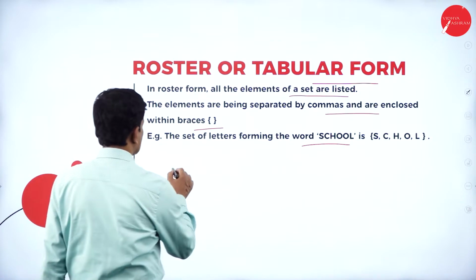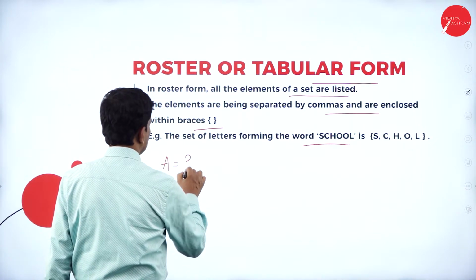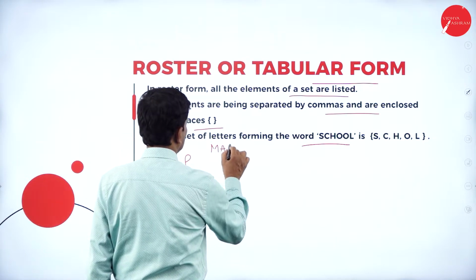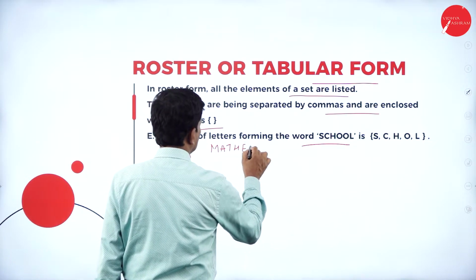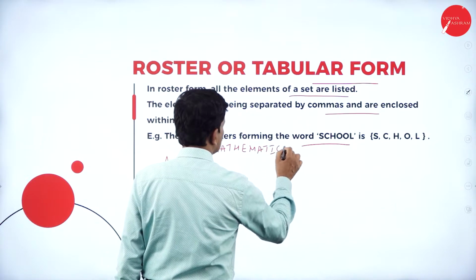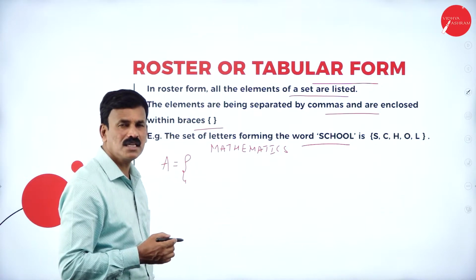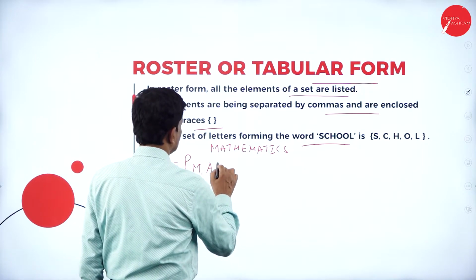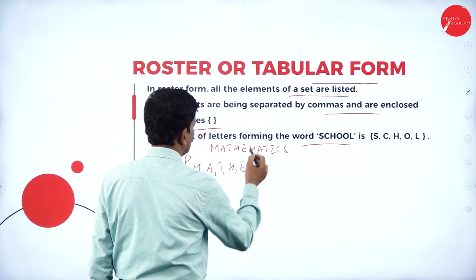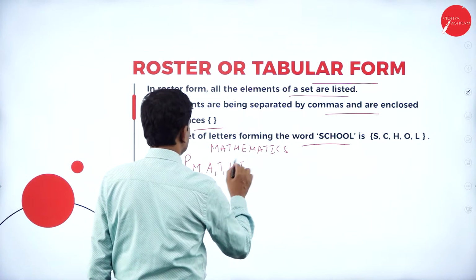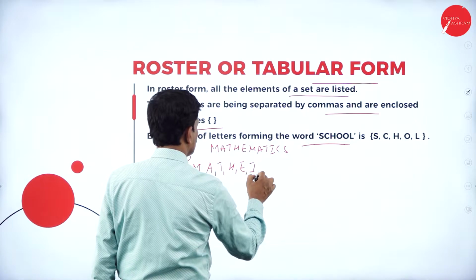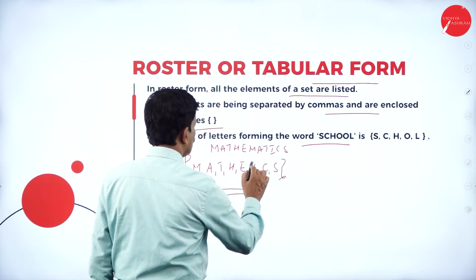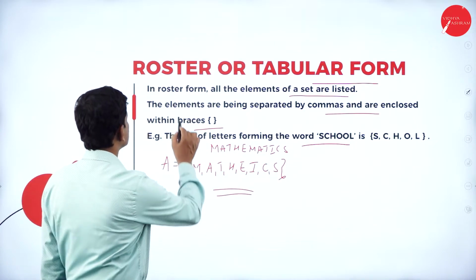Let us take one more example. Let us consider a set A. If A contains the letters of the word mathematics, M-A-T-H-E-M-A-T-I-C-S, the elements of the set are M, A, T, H, E, and already we have M, A, T, then I, C and S. So these are called the elements of the set in roster form.